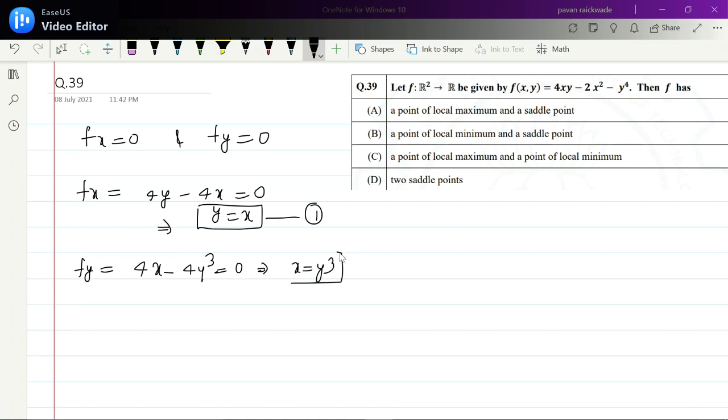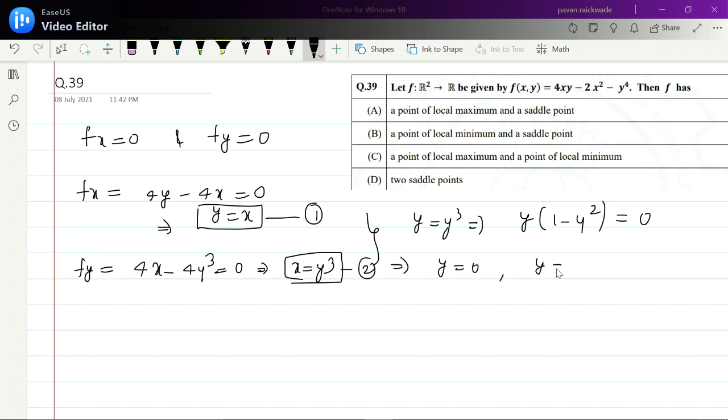Equation number 2. From 1 and 2 we get y equals y cubed, which implies y times (1 minus y squared) is 0, which implies y equals 0 and y equals plus or minus 1. So the critical points are (0, 0), (1, 1), (minus 1, minus 1), because x equals y.